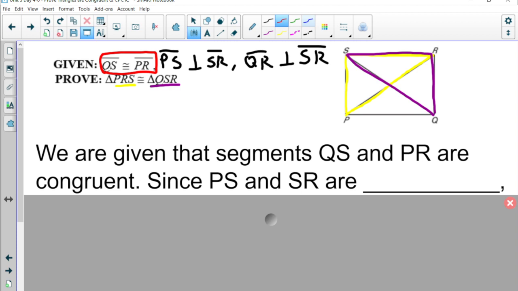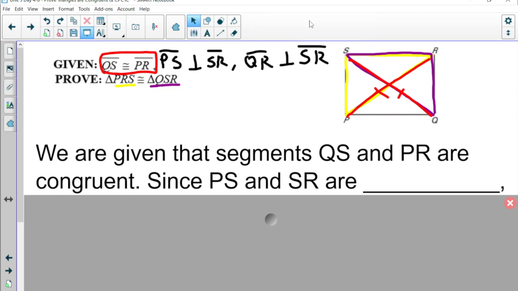So we're done using that information because we're already told that they're congruent. So we don't need to do anything else with it. Q to S is this segment right here, and P to R is that segment right there. So these two sides are the same. We're given that Q to S and P to R are congruent.